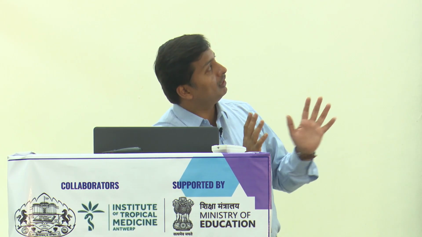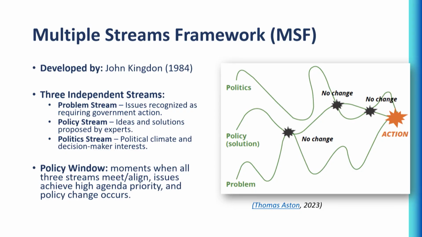One of my favorite models is Kingdon's multiple streams model. He nicely talks about three streams. There is a problem stream flowing, then there is a policy solution stream also flowing, and then there is a politics stream. Unless they all come to a window, unless they all strike each other, there is no scope for policy formulation.